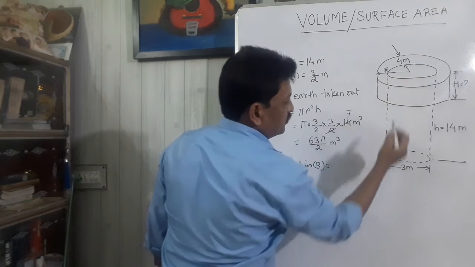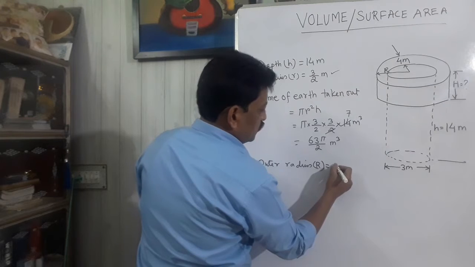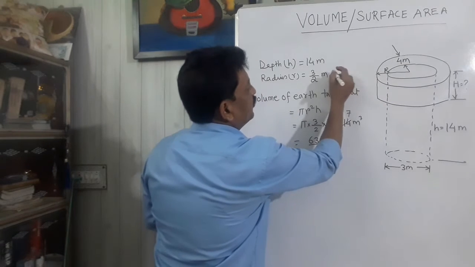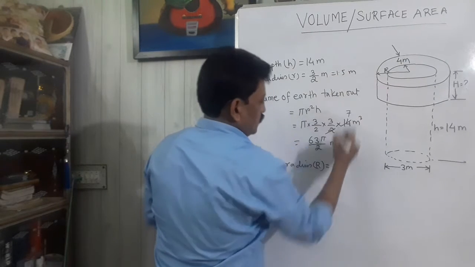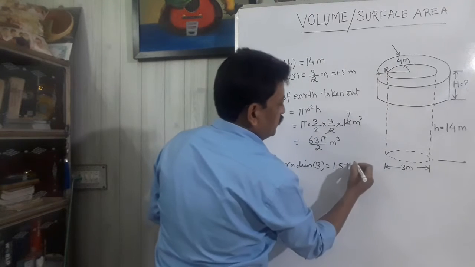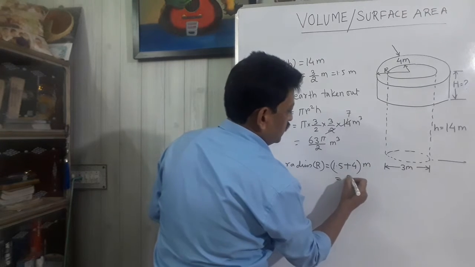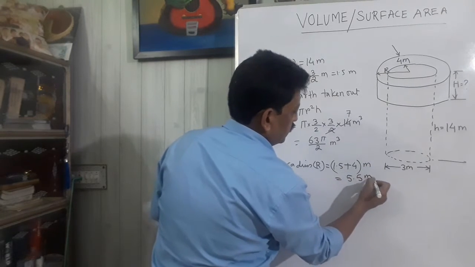Inner radius is 3 upon 2, that is 1.5 meter, and width is 4 meter. That means the outer radius will be 5.5 meter.